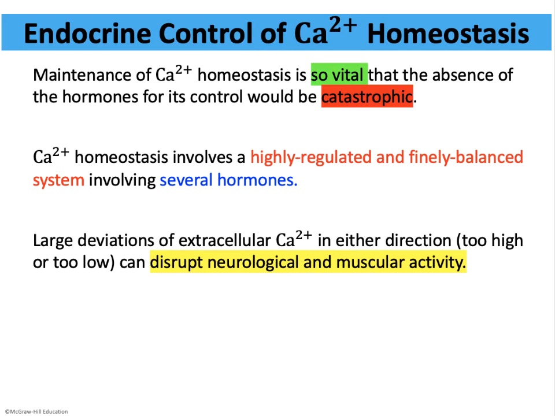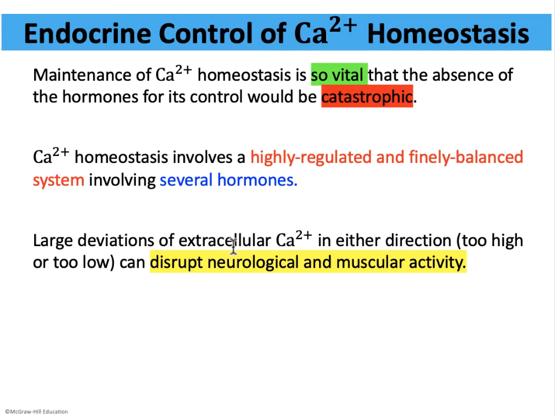Calcium, etc., etc. So the importance of calcium throughout the body means that it has to be controlled in terms of its concentration. That concentration must be controlled by something. And those are a number of hormones that interact with other tissues to regulate the body pool of calcium. So any large deviation in the extracellular calcium could be lethal.